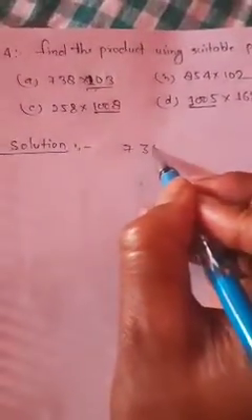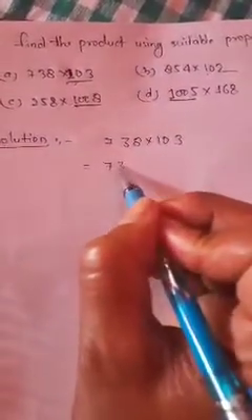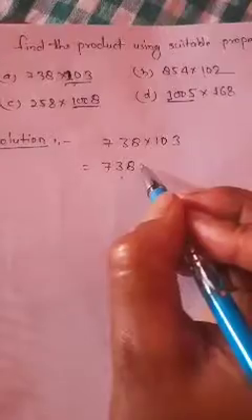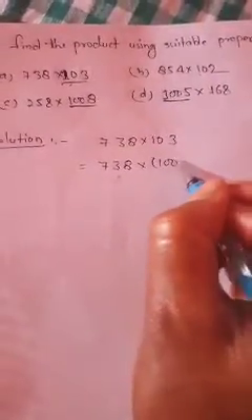So the first question is 738 into 103. Student, we have to break apart only one of the numbers, the one closer to 100. 103 can be written as 100 plus 3.